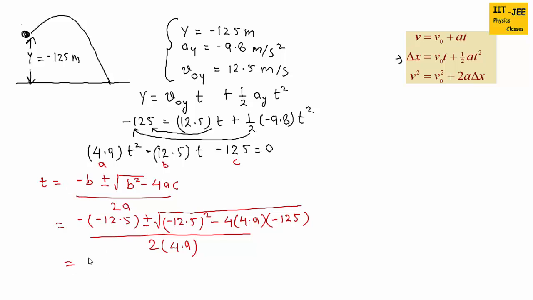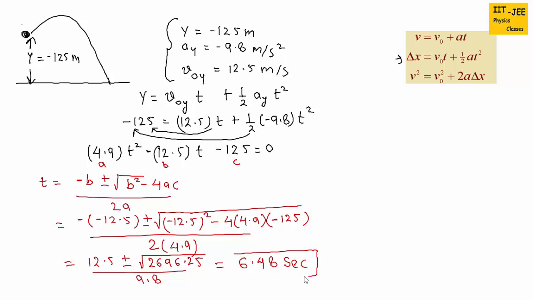After solving all this, it will become 12.5 plus minus the square root of 2696.25, divided by 9.8. So this will give us two results. One would be positive and the second would be negative. We will pick the positive result. That will give us 6.48 seconds. So this is our total time, or the time of flight.